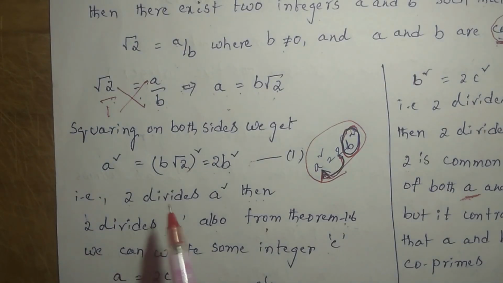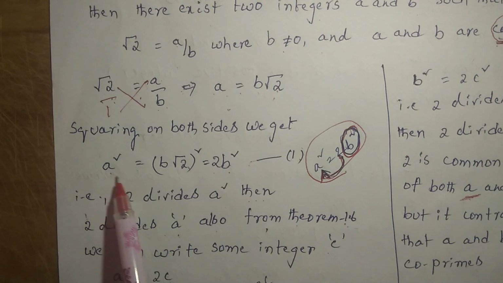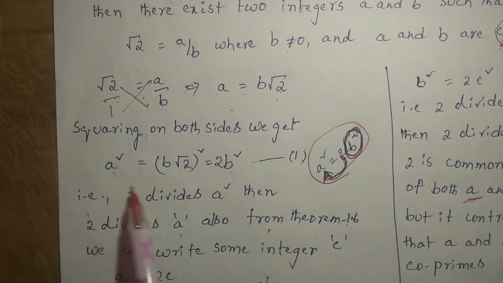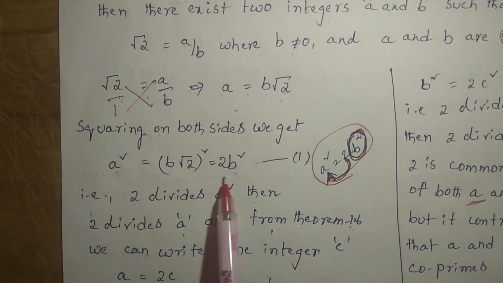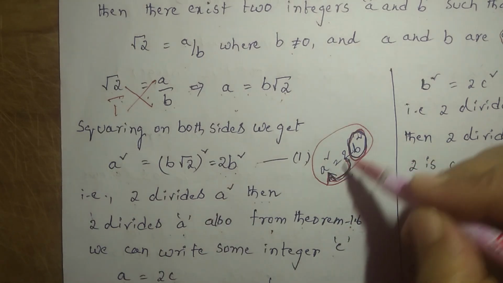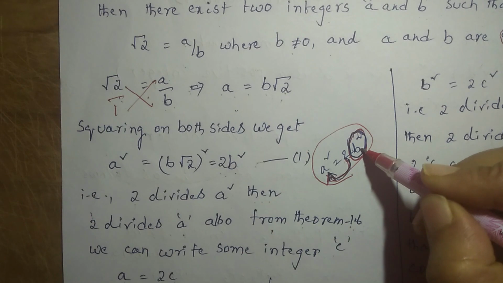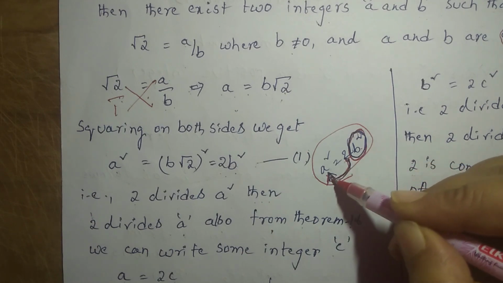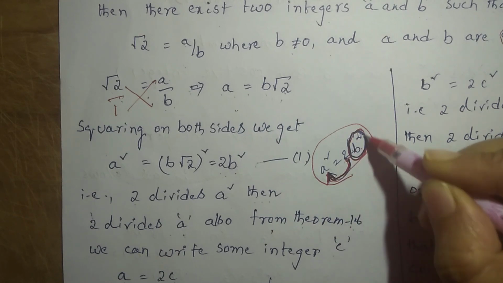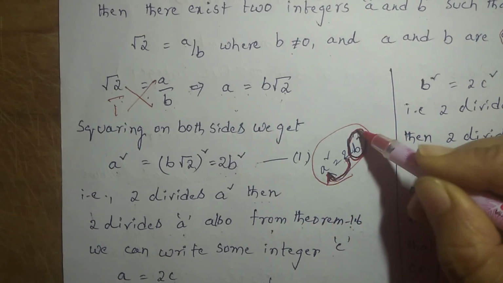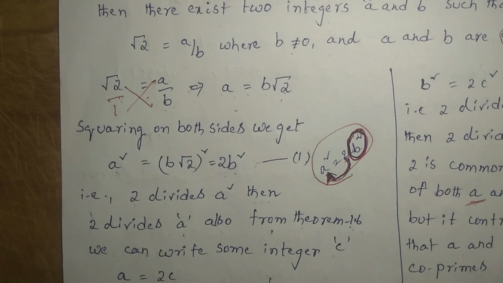That is, you will get a square equals 2b square. What is the meaning of that? A square equals 2b square means 2 divides a square, by b square times with no remainder.